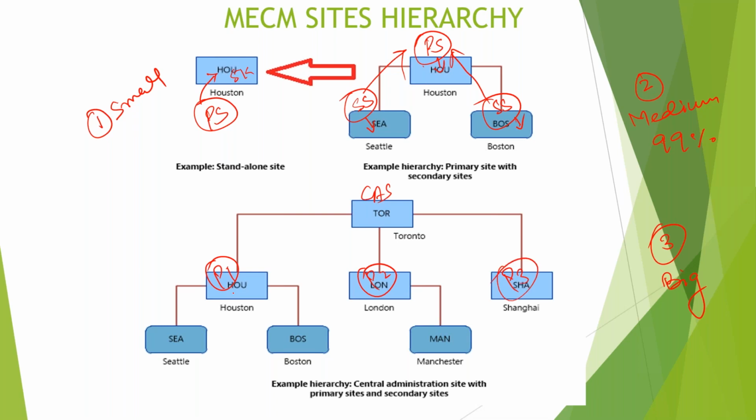One primary for US region devices, I mean Americas region devices, second primary for Europe region devices, and third one will be for Asia devices. So the central administration site is sitting on the top, all primary will report to central like this. That is how we do it for big organizations.